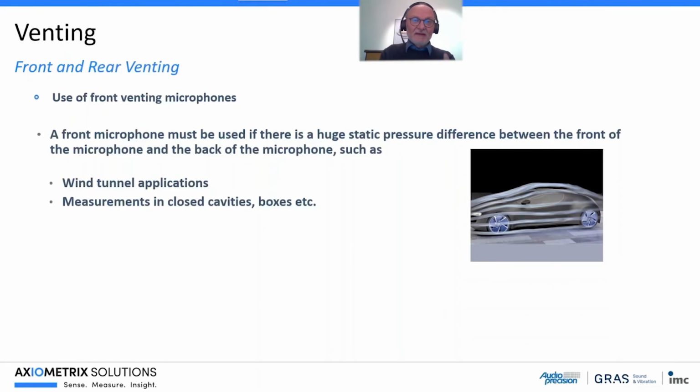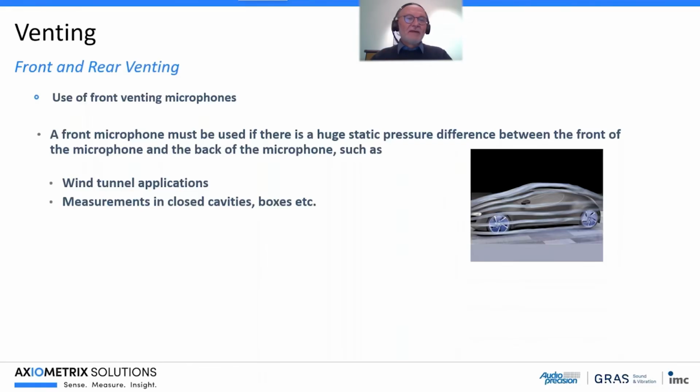Inside the wind tunnel we have a higher pressure than outside. In these cases, we don't want to measure the difference between inside and outside pressure, but the pressure fluctuation inside the wind tunnel. Therefore, we have to use a front-vented microphone.